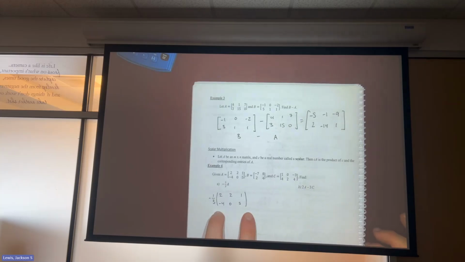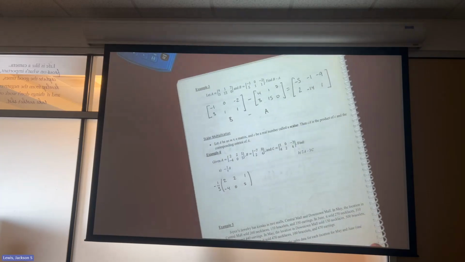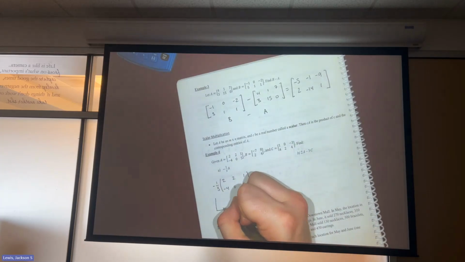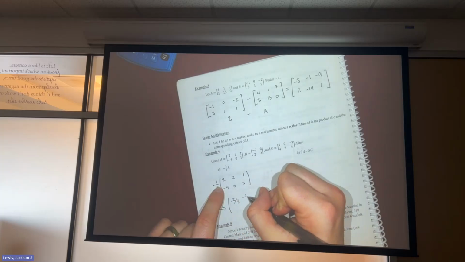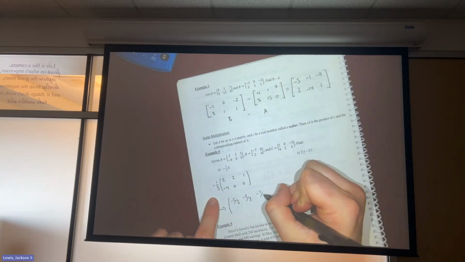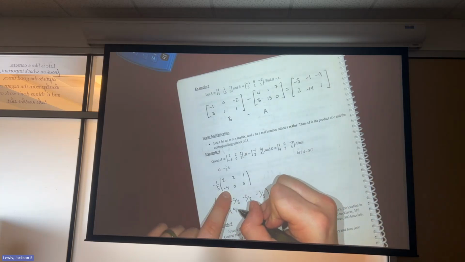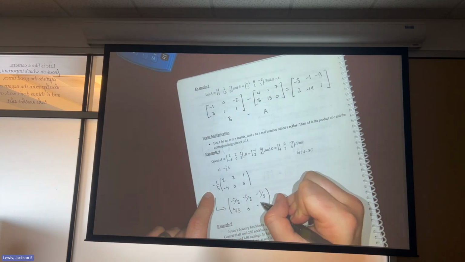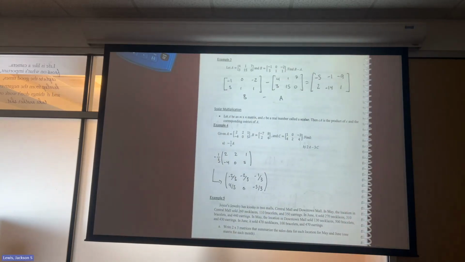Parentheses are more natural for me to write because they're easier, but brackets are just as valid. And I'll multiply by negative 1/3. So that gives me negative 2/3, negative 2/3, negative 1/3. Negative and negative is positive, so 4/3, 0, and negative 5/3. Pretty straightforward, and again, all we're doing is multiplying everything in the matrix by that number.